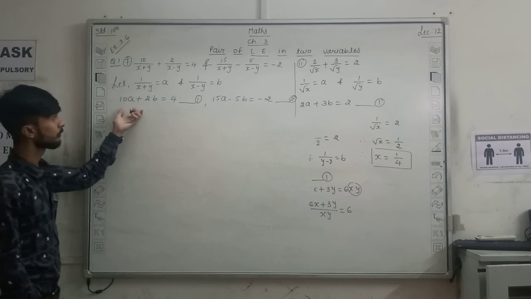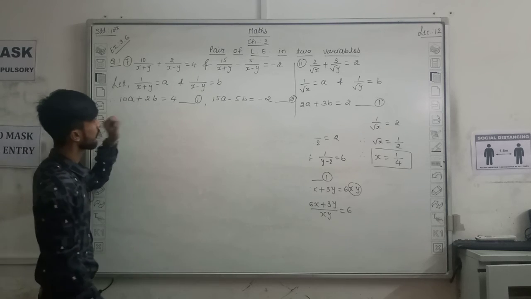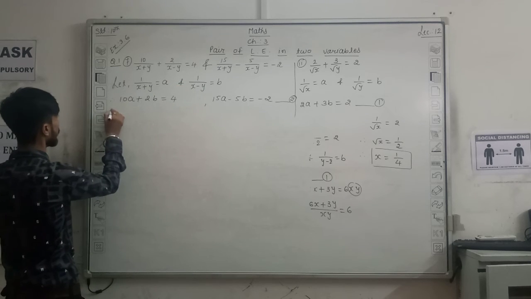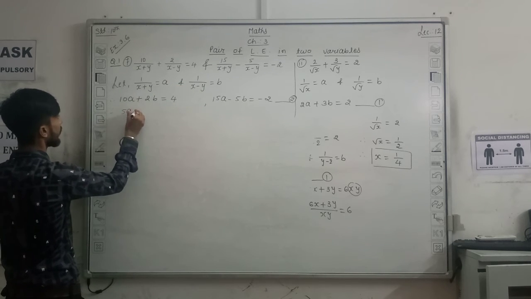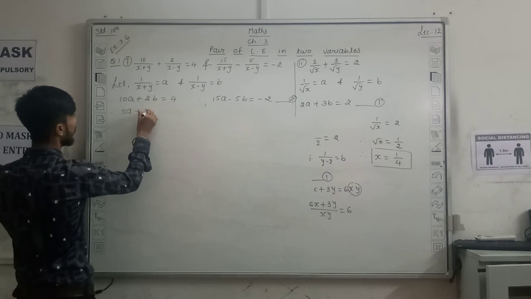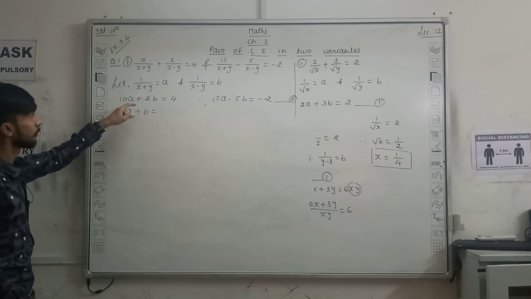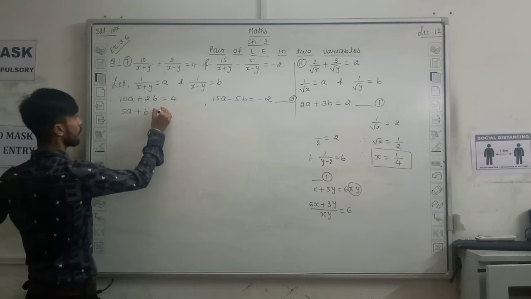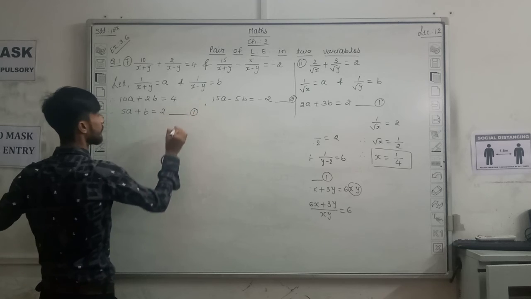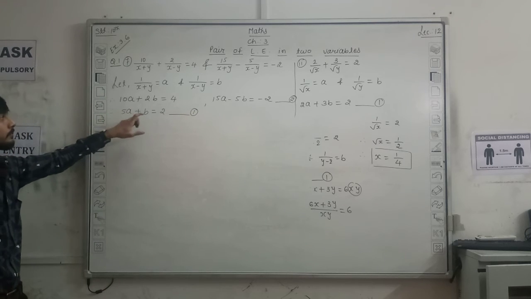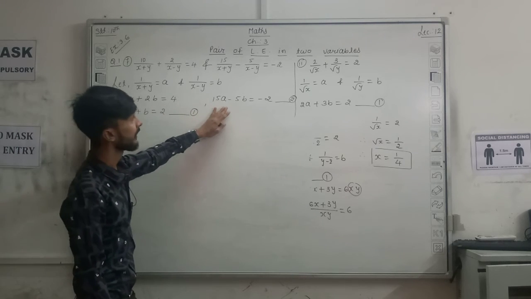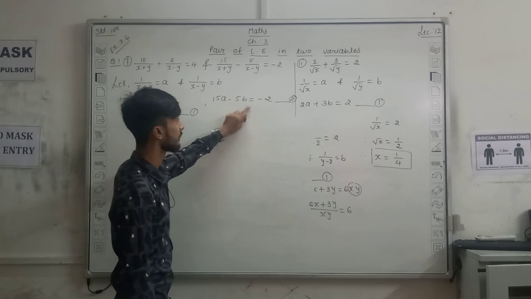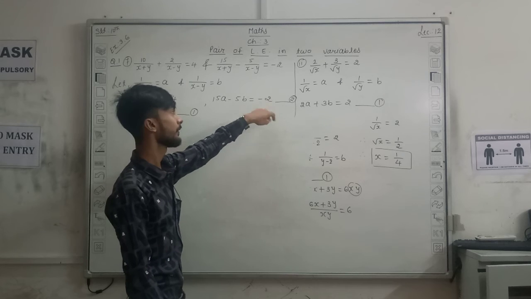Take 2 as common here, so it will be 5a plus b equals 2, as 4 by 2 is 2. So equation number 1: 5a plus b equals 2. Here also 5 can be common, but the equation will be 3a minus b equals minus 2 by 5. So here it becomes fraction form.